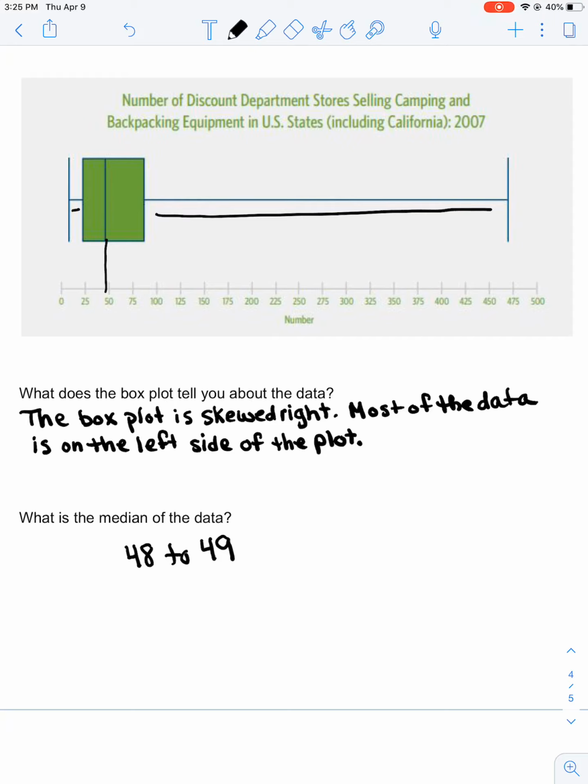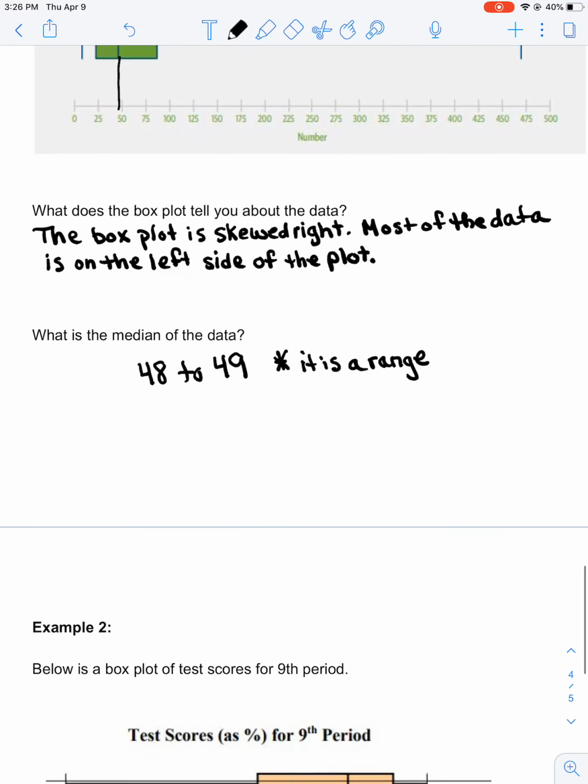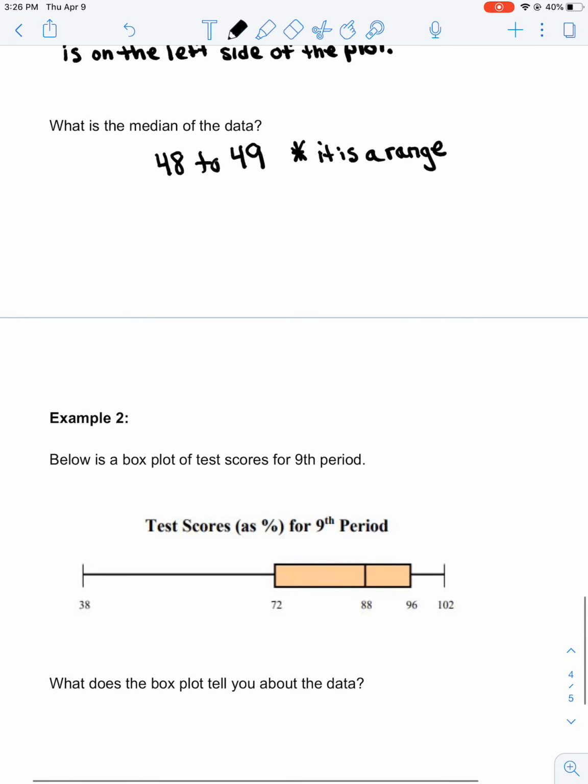Now here we could use a range. Okay, because you do have to guess just a little bit, okay? And because it's not perfect, okay? So you can have a little bit of a range, okay? All right. Next.